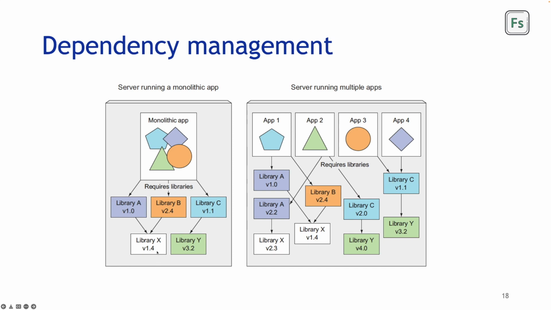This X, which is a dependency, is being replicated here and there as well, because they are running independently, on a different part. So that's something to be aware of. Dependency management is different in the monolithic and microservices ways.